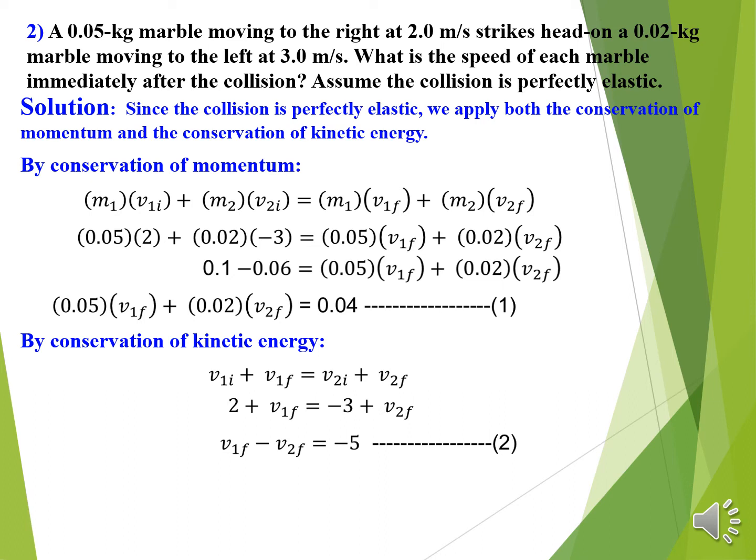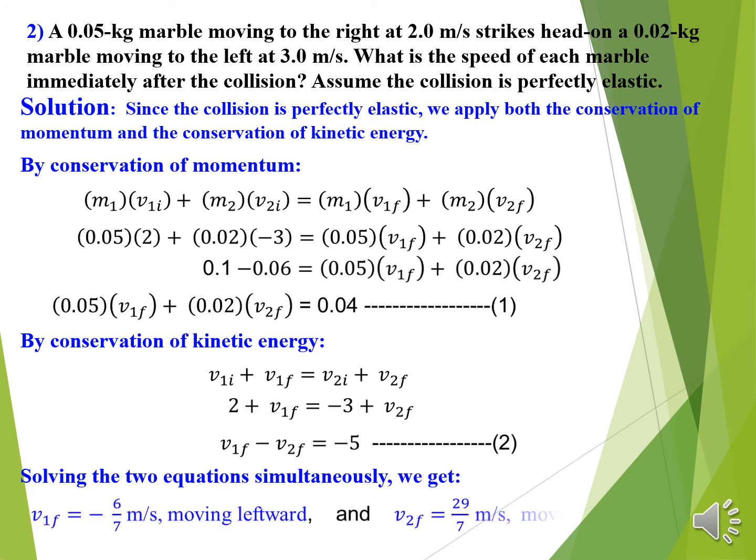And this is our equation number 2. So, solving the two equations simultaneously, we get v1f equals negative 6 over 7 meter per second, which is moving leftward, and v2f equals 29 over 7 meter per second, moving rightward.